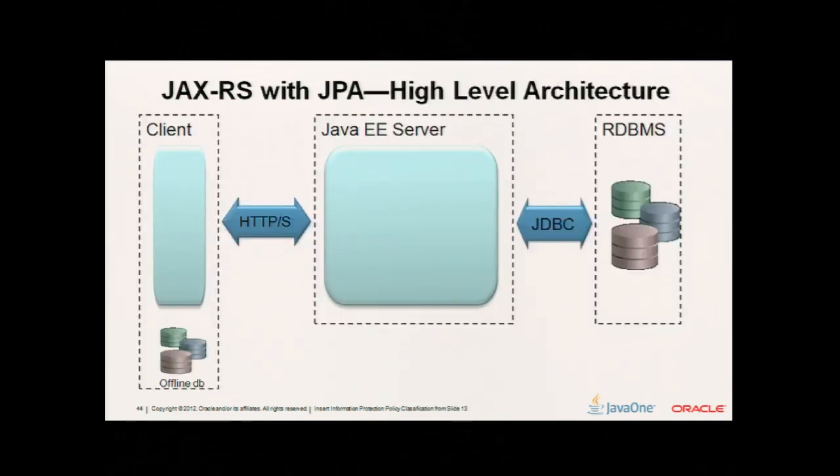So what we end up with is we have a client application making REST calls over HTTP to my Java EE server, where I've exposed some set of session beans through a REST API. And then for our purposes, we're getting that data out of the database with JDBC using our JPA layer.